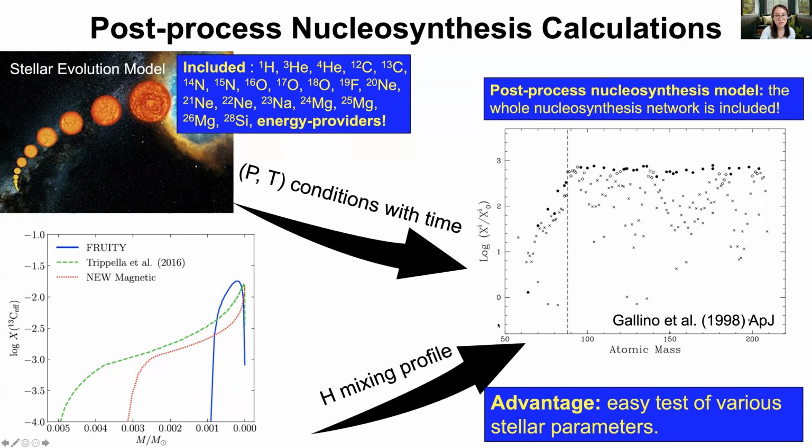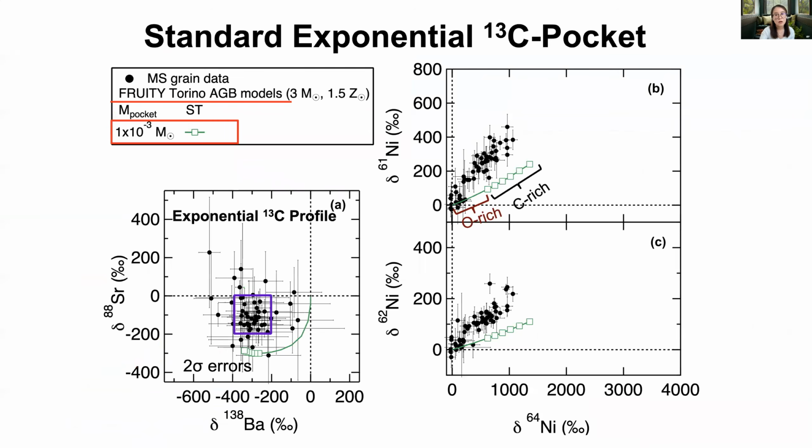This post-process approach greatly reduces the computational cost, and one can afford to quickly test the modeling results in a large parameter space. So shown here are the comparison plots of the grain data with post-AGB models for a 3 solar mass, 1.5 solar metallicity star provided by my collaborators Roberto Gallino and Sergio Cristallo.